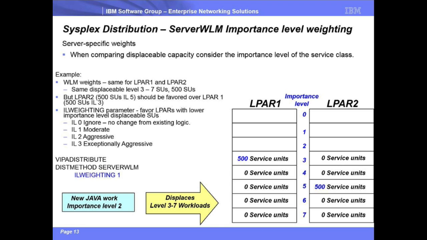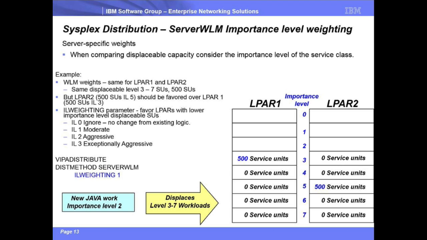However, if importance level 1, 2, or 3 is configured, then the Sysplex distributor will start to prefer the stack with the lower importance work, and the amount of aggressiveness depends on that IL weighting factor, 1, 2, or 3.